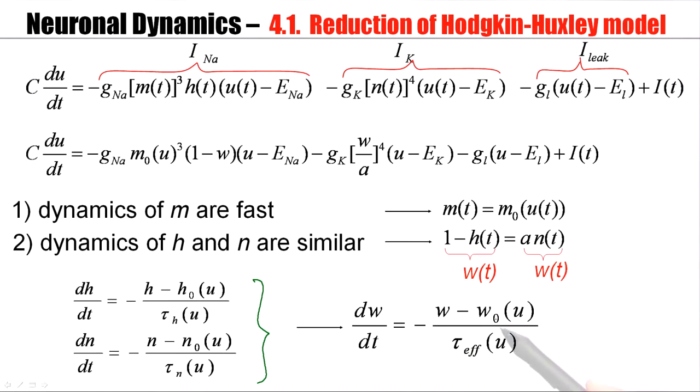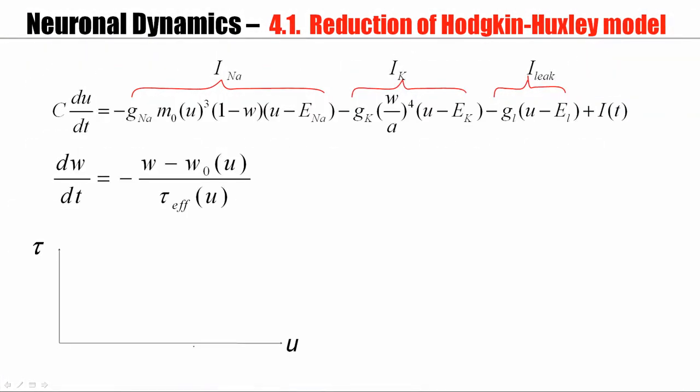Constructing this W0, and constructing the time constant tau effective out of those two functions, is not trivial. It's some additional calculation, but it is possible. So this is our final set of two equations.